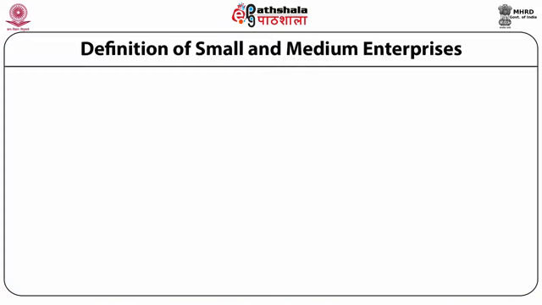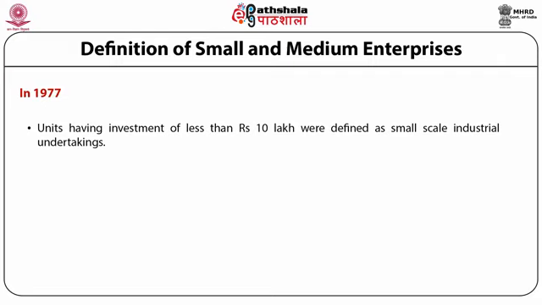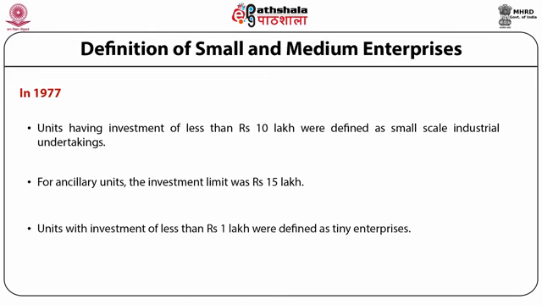Definition of small and medium enterprises. In the year 1977, units having investment of less than rupees 10 lakh were defined as small-scale industrial undertakings, while for ancillary units the investment limit was rupees 15 lakh. The units having investment of less than rupees 1 lakh were defined as tiny enterprises.